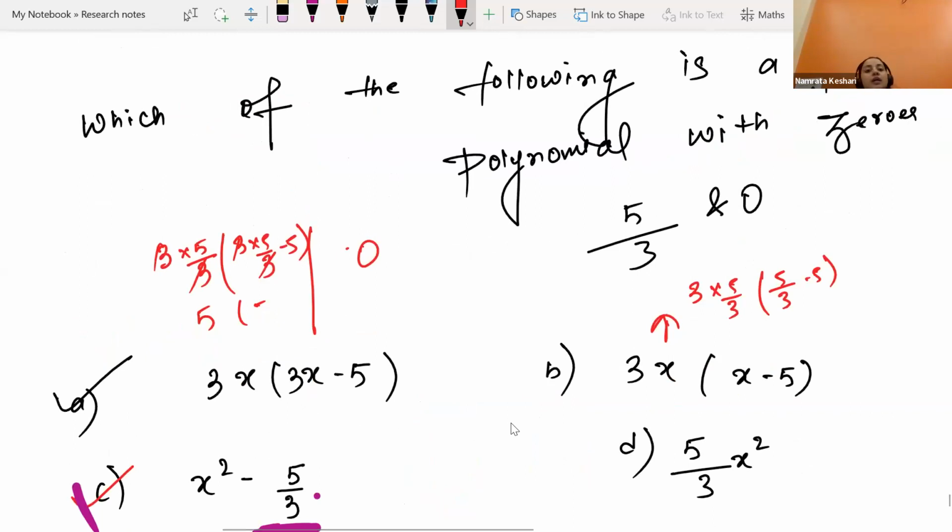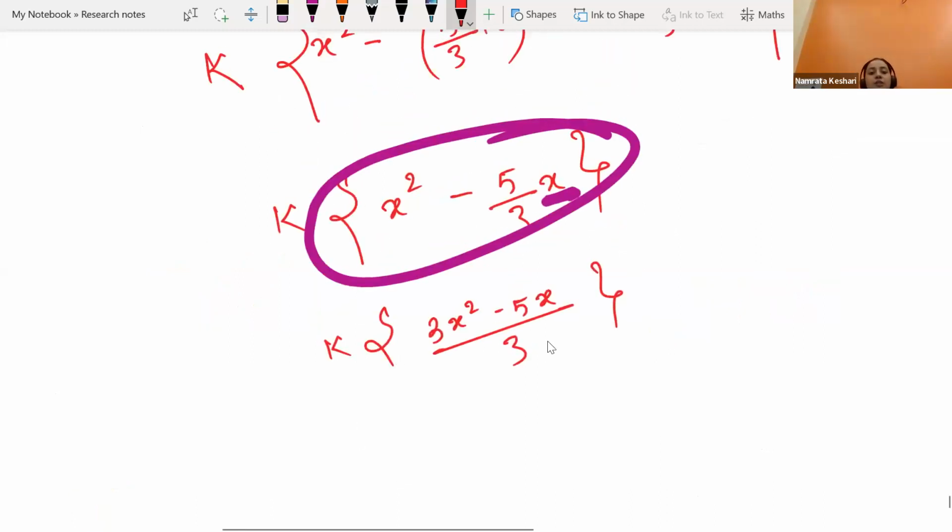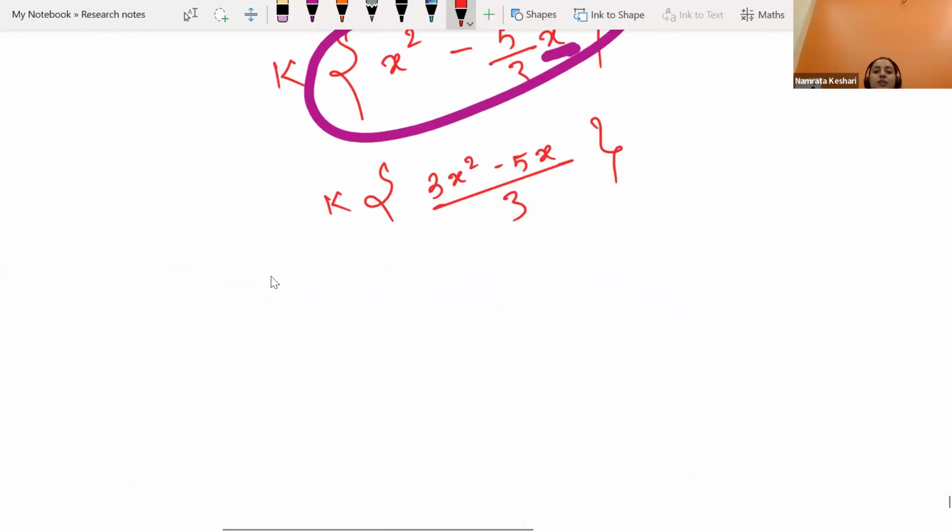When you substitute 0 in this polynomial, the final outcome is becoming 0. That is the meaning of zero, right? So we will check whether this is the first option or not.